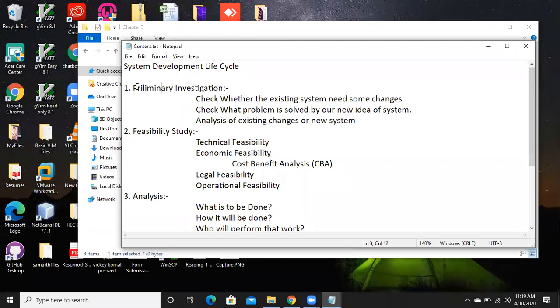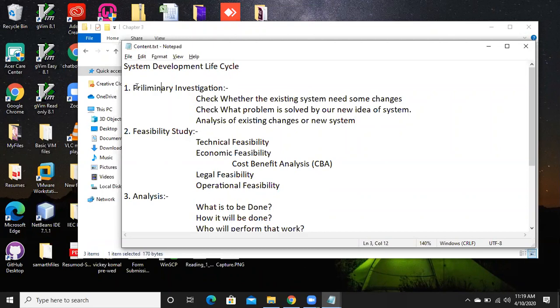In preliminary investigation, the system analyst checks whether the existing system needs some changes or whether there are any problems in the existing system. If there are any problems, we will be solving all those problems in the next step, right?